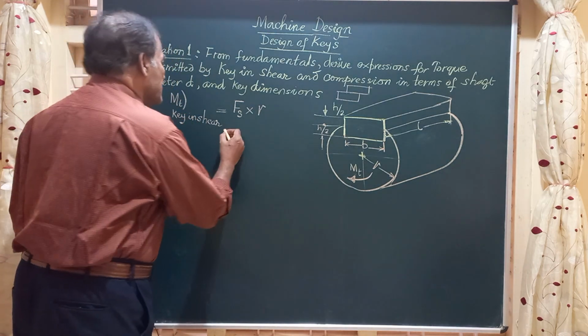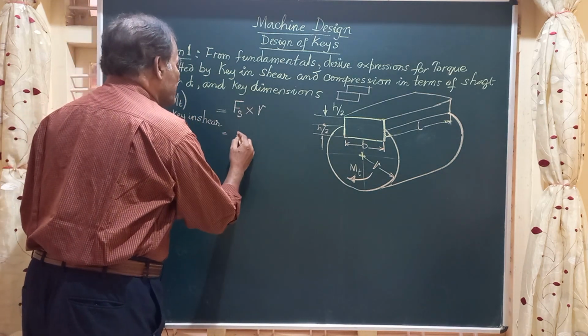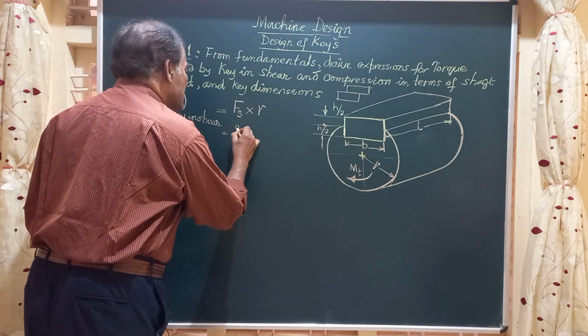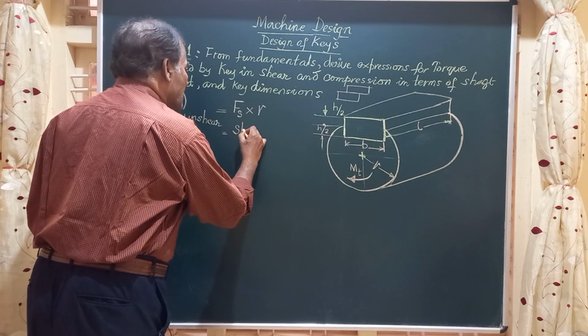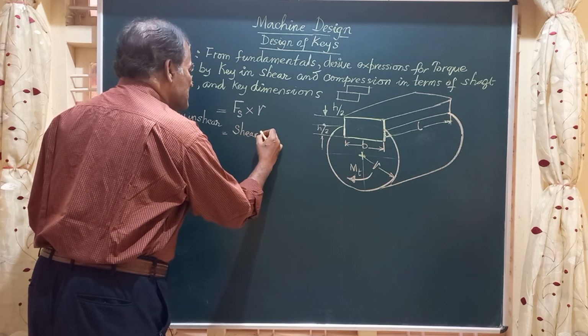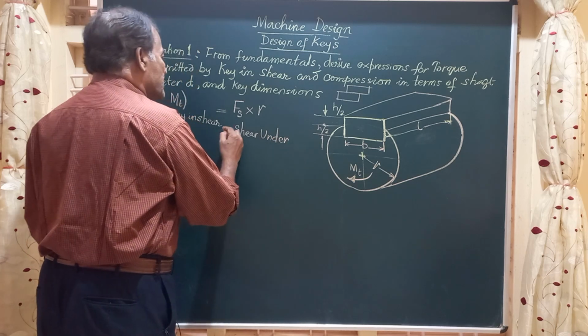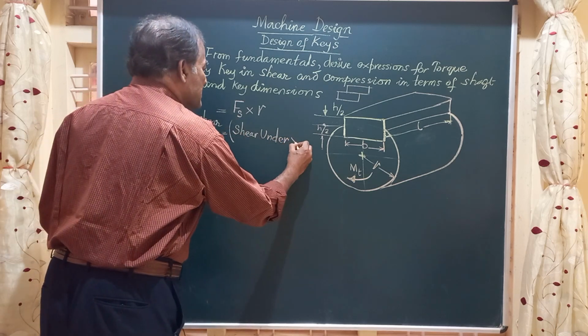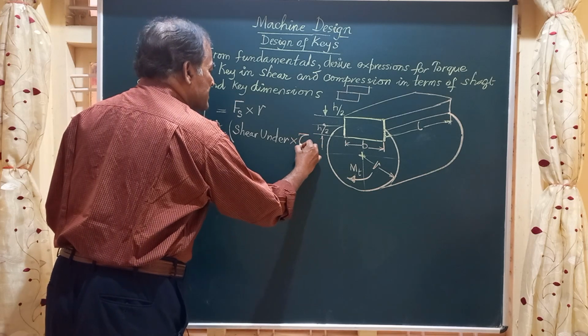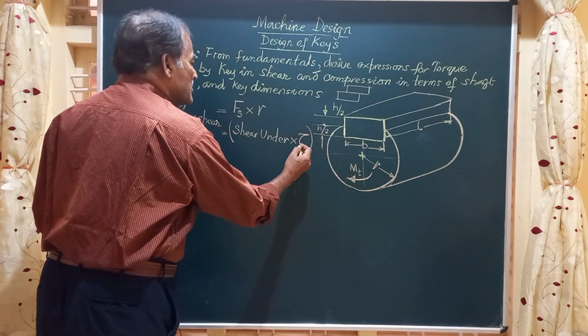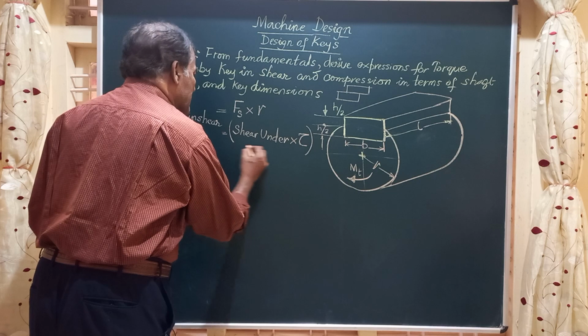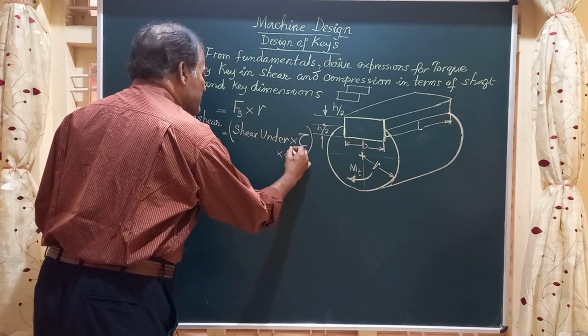So F shear is nothing but the area under shear multiplied by the shear stress, which I designate by tau, and multiplied by R, where R is equal to d by 2.